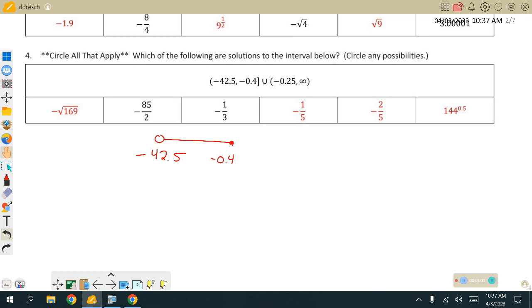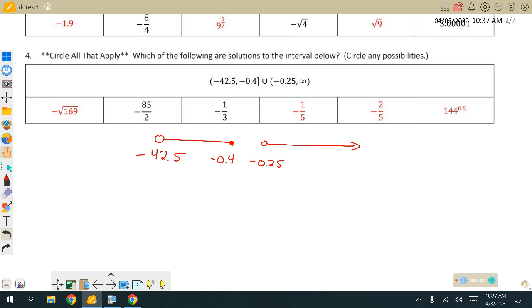And then what that union means is there's a bit of a break. Where's our break at? From negative 0.4, a small break, to 0.25, that's a parenthesis, and then it continues on to infinity. And all that union means is the joining of intervals. So nothing really too crazy off that, but that U just means a union.